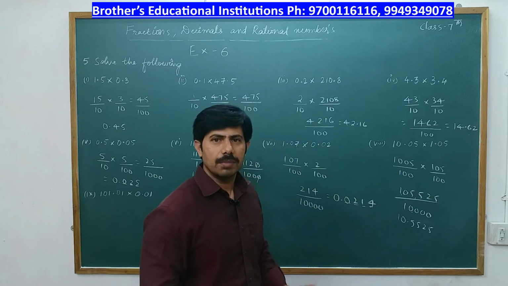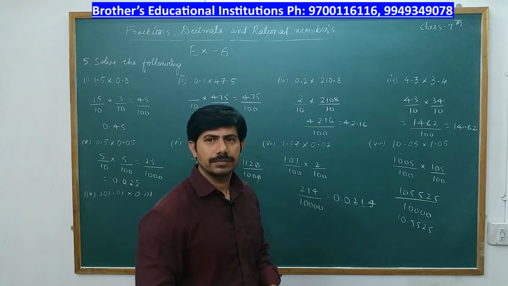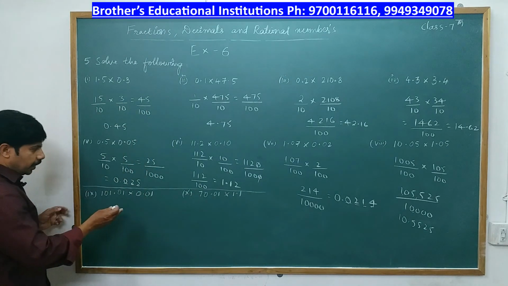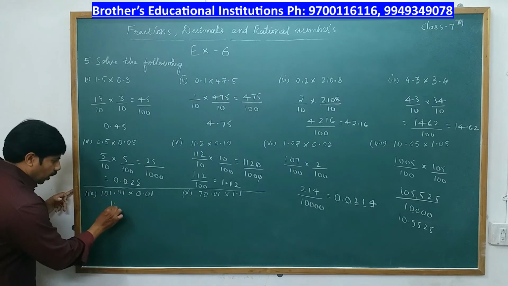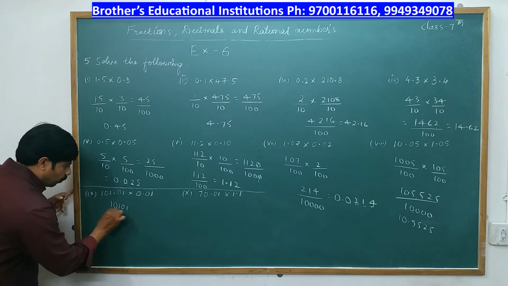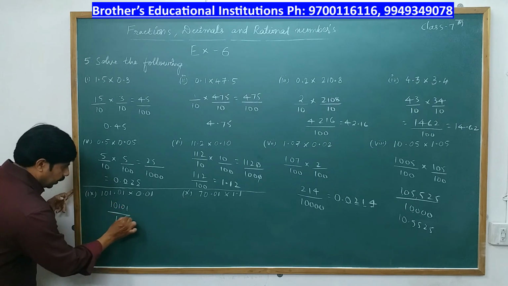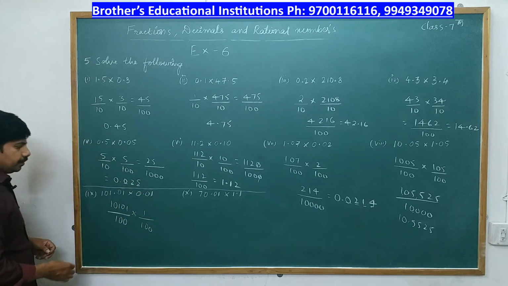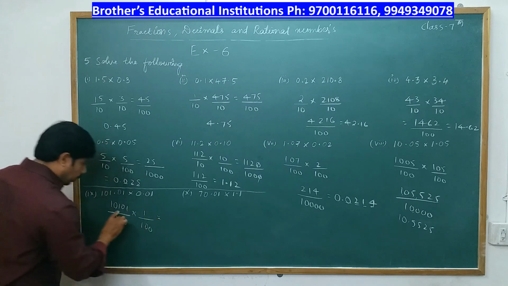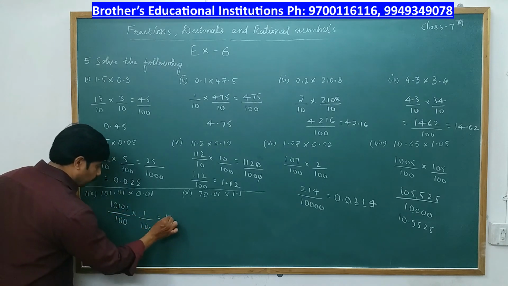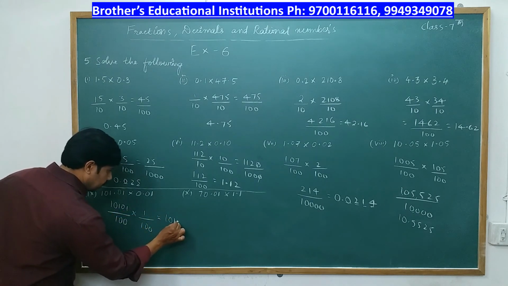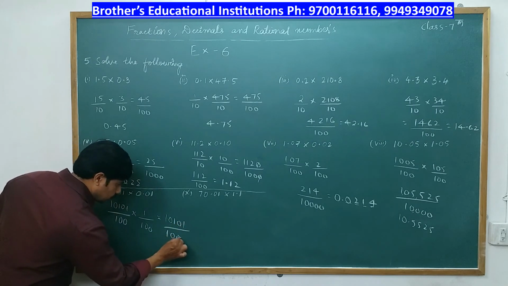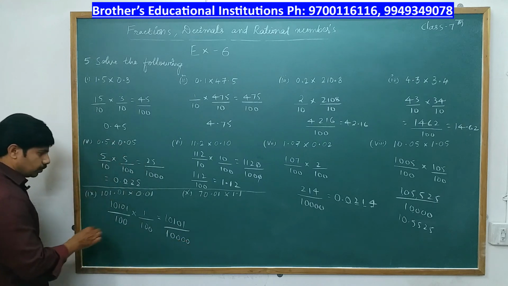Okay. So this is complete. Okay. Next problem. 1.01 into 0.01. So 101 by 100 into 1 by 100. Okay. So to multiply this number with 1, we get 10101 by 1 and 4 zeros.